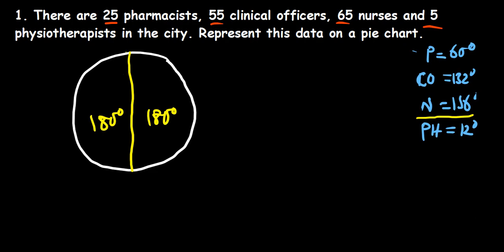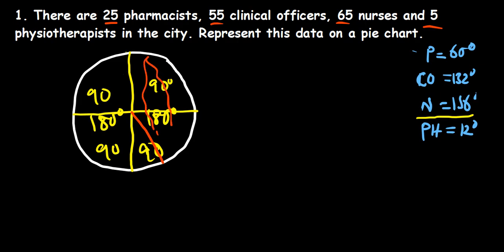Or we can say we draw another line like that. So it means this is 90, this is also 90, and this is 90, even this is 90. So it means our 156 will be somewhere here. Okay, so all this part here will be our 156.